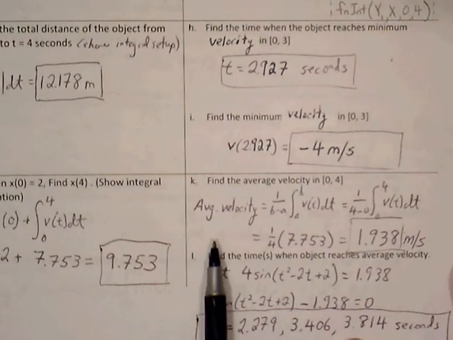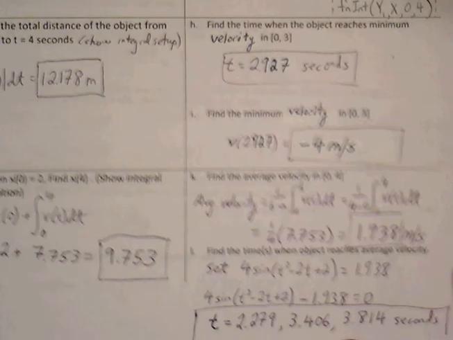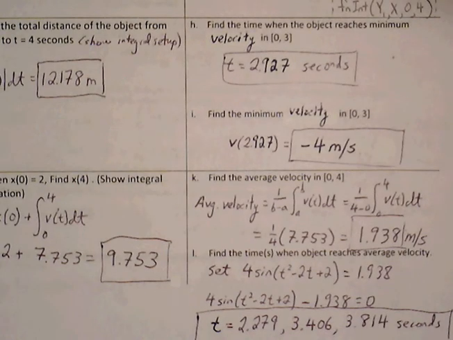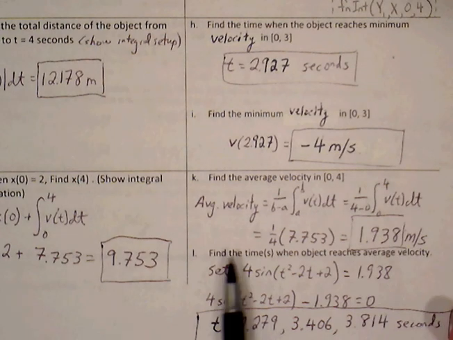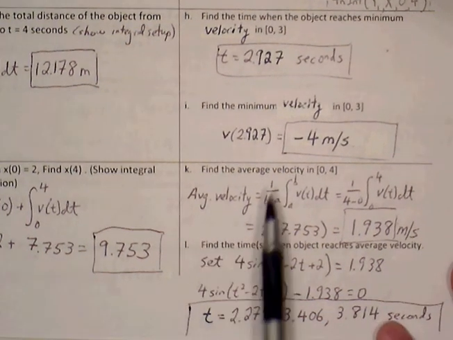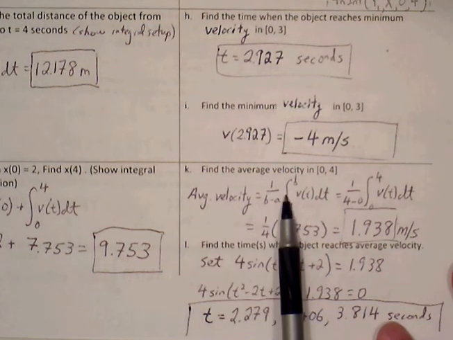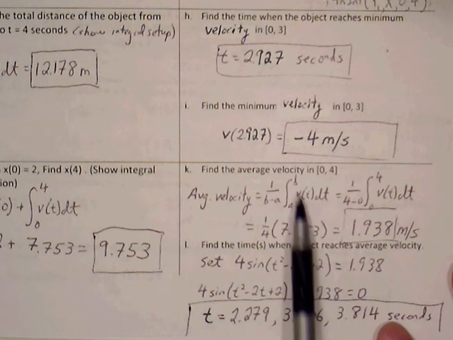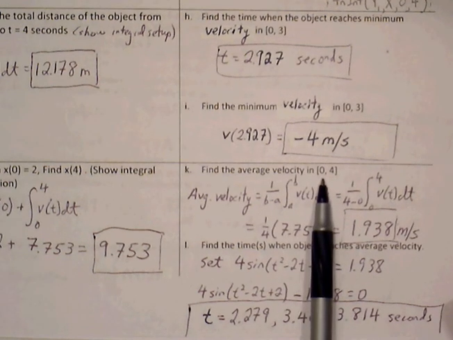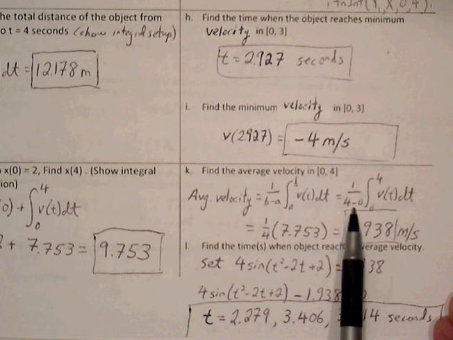Okay. Next part, find the average velocity in the time interval from 0 to 4. The average value theorem we know is 1 over b minus a times the integral of v of t from a to b. A value is 0, b value is 4, so we plug that in.